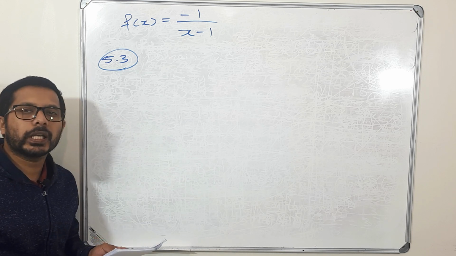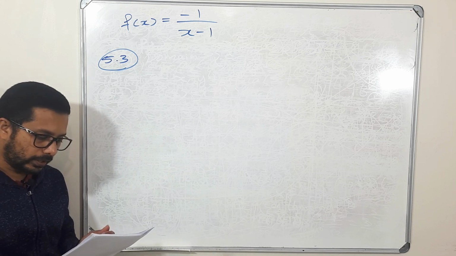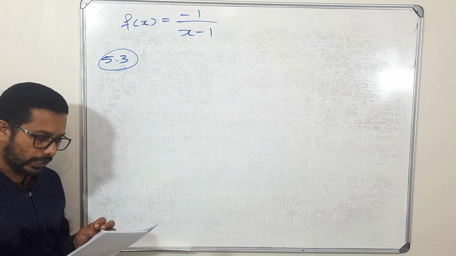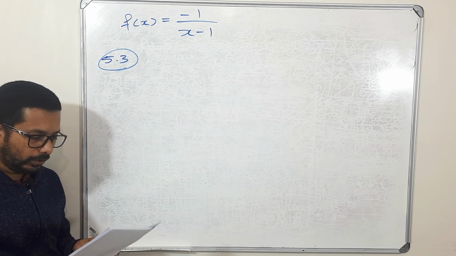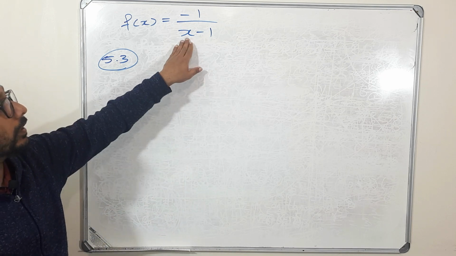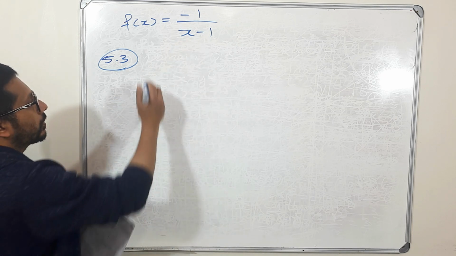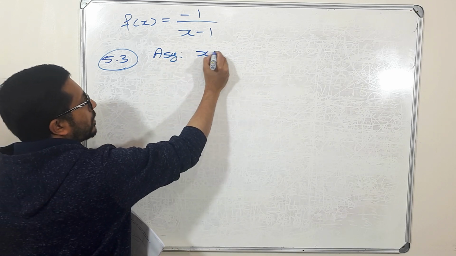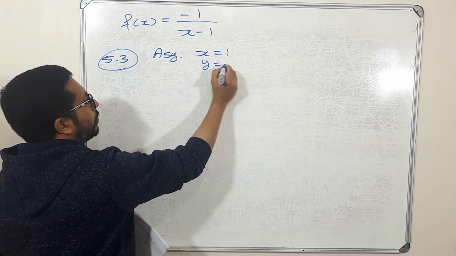So you have to sketch that graph. So what are the asymptotes? We know the asymptotes. Let me write once more. What are the asymptotes? x is equal to 1 and y is equal to 0.